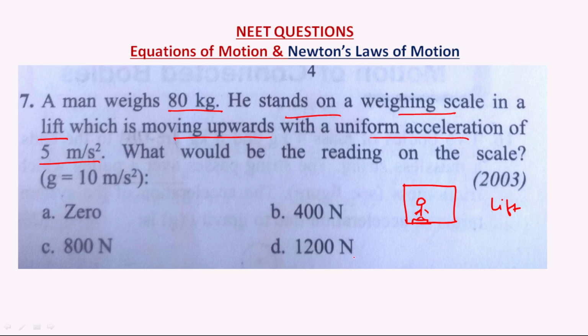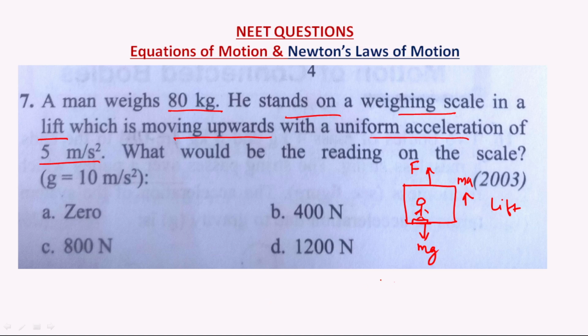So we are making a free body diagram as the lift is moving upward. In the upward direction there is mass into acceleration. Due to his weight, in the downward direction mg is acting, and this is the force that will be there on the scale.